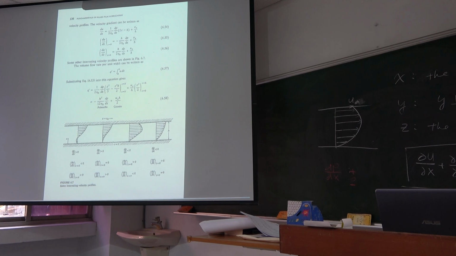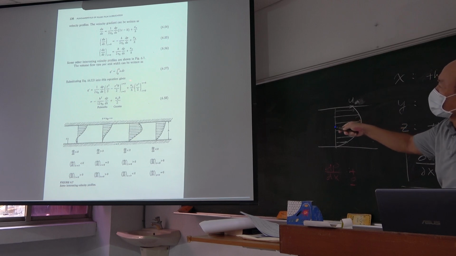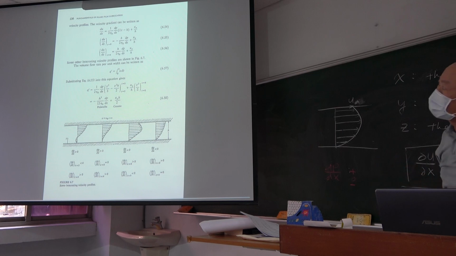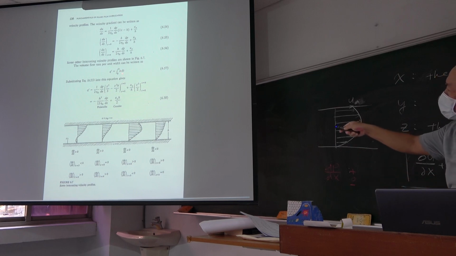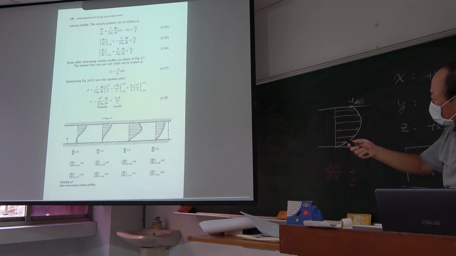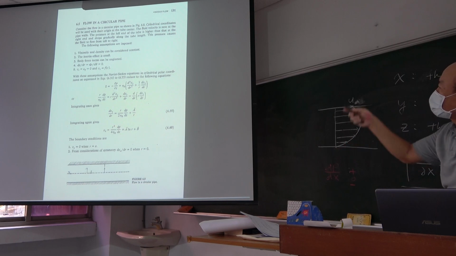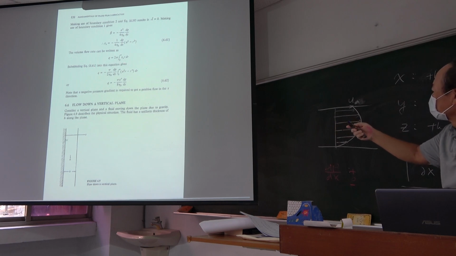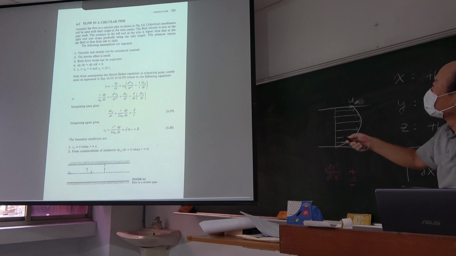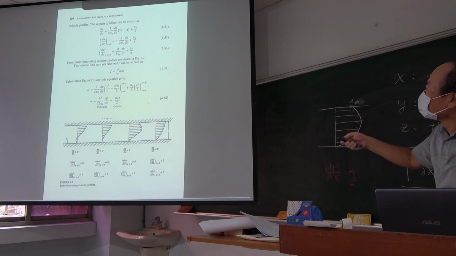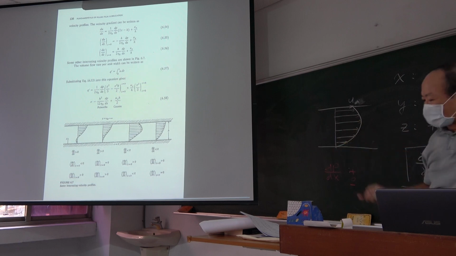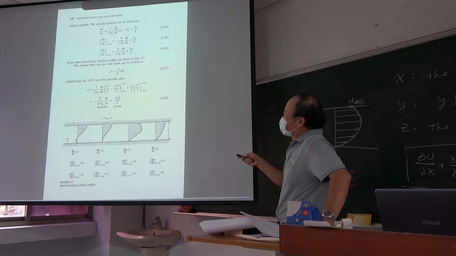So the Q prime for unit width obtains two values.